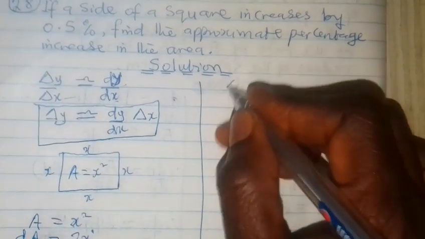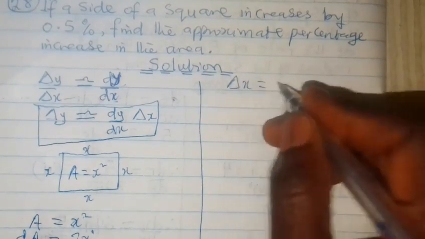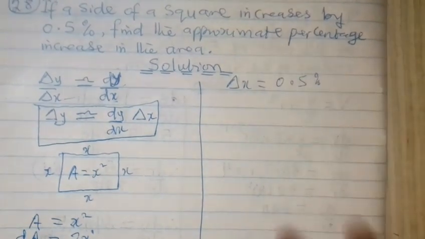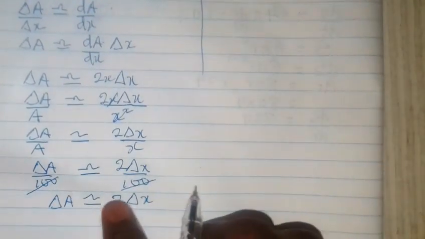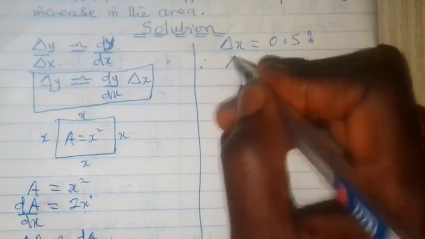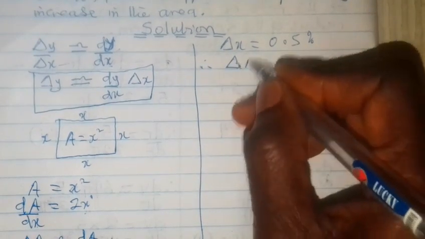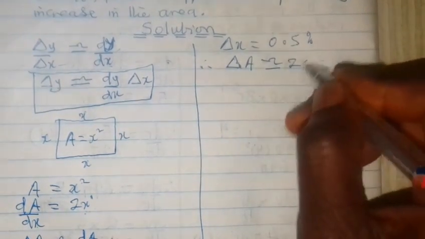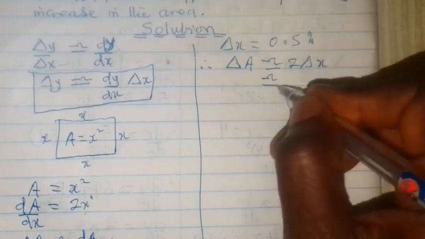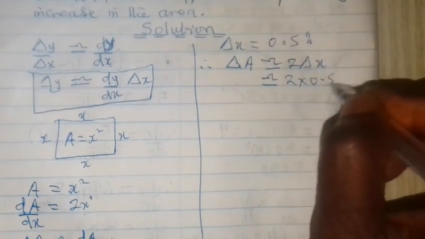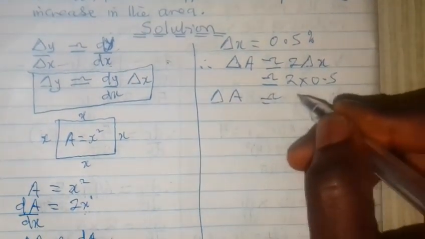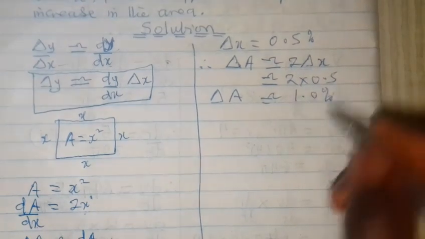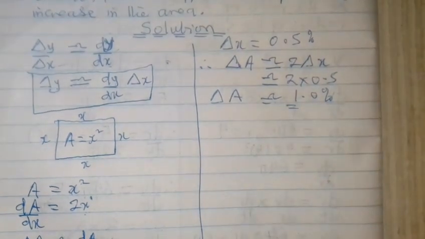It means that our delta x, which is the change in the side, is 0.5%. Now we are going to bring this value we've gotten here, delta A roughly approximate to 2 delta x, and write, therefore, our delta A is approximately equal to 2 delta x, and that will give us 2 multiplied by 0.5. If we do that multiplication, we are going to have the change in the area to be 1.0%. And this is the final answer to this question.